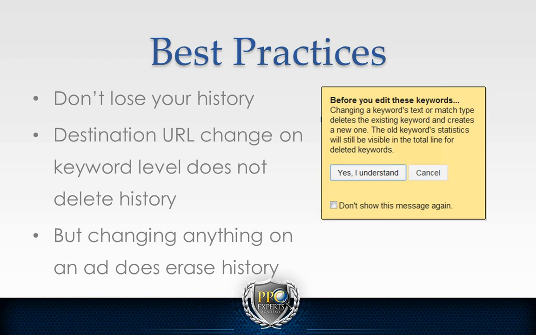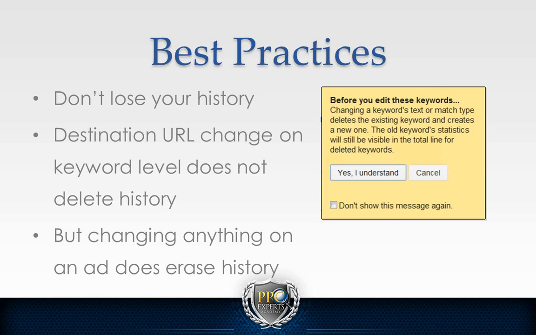Destination URL changes on the keyword level do not delete the history. And actually, this is huge. Let's say you have this AdWords account, and it's running so awesome. You've had it up for 5 years, and then the client wants to change their website and update all their pages.